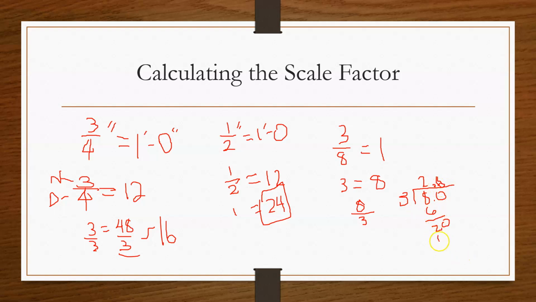And this is going to be 18, and you can see what's going to happen here, right? I'll come down and it's going to produce another 2. So this is actually going to be a number like 2.66, and it just kind of repeats, right? It's a lot easier just to put that in a proper fraction, or I could leave it as an improper fraction. This is actually correct, as well as this is correct.